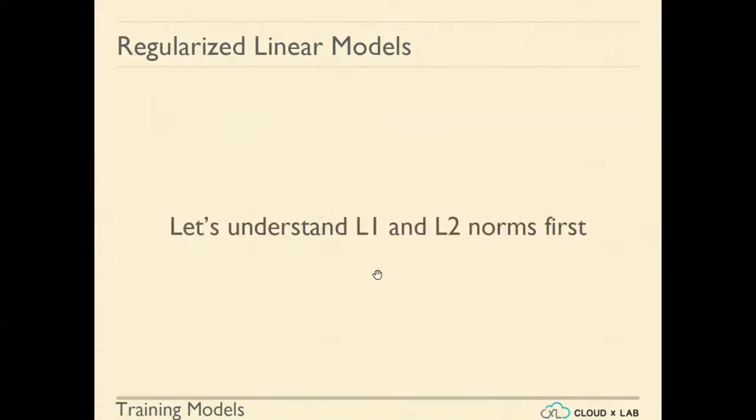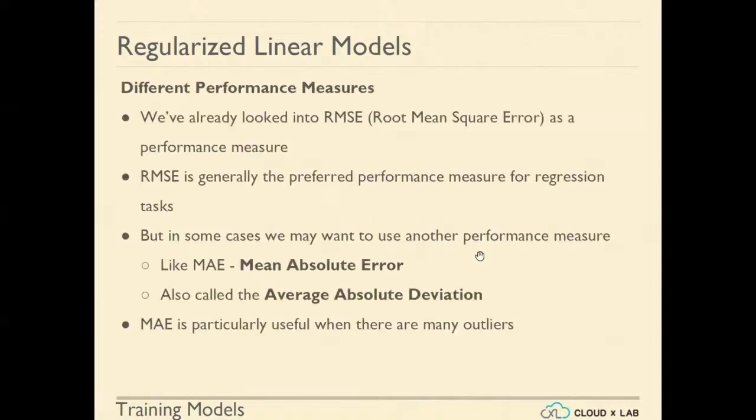Okay. So let's understand the L1 and L2 norm first. I've already discussed L1 and L2, right? L1 means we are taking absolute error, and in L2 we take squared error. We have already looked into RMSE as the performance metric, and RMSE we generally use for regression tasks. But we can also use mean absolute error, also called the absolute deviation.